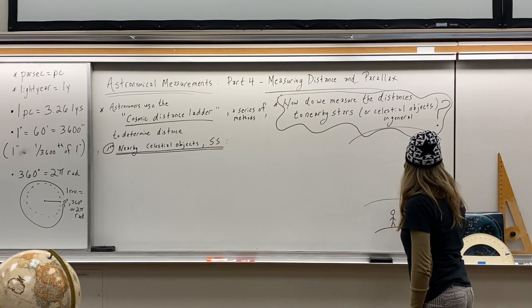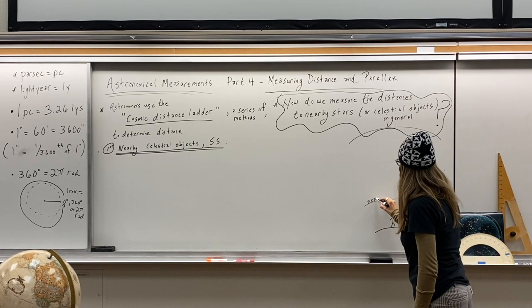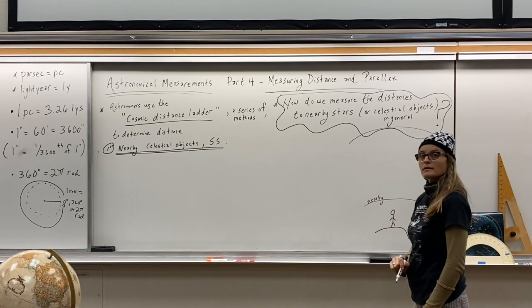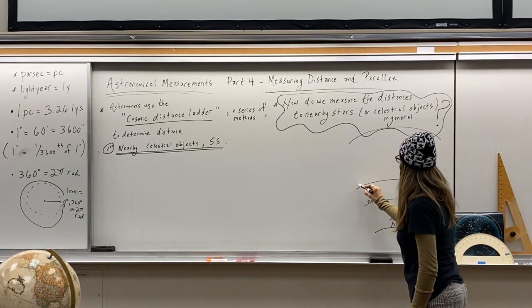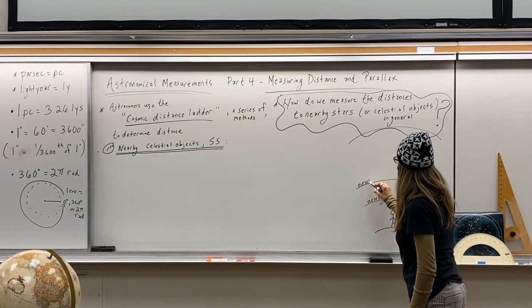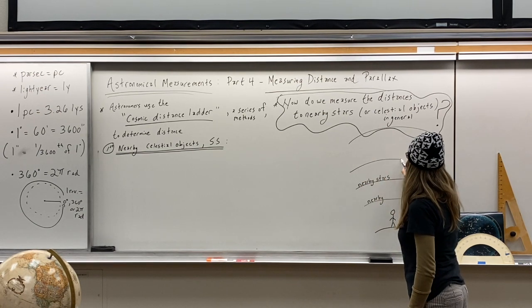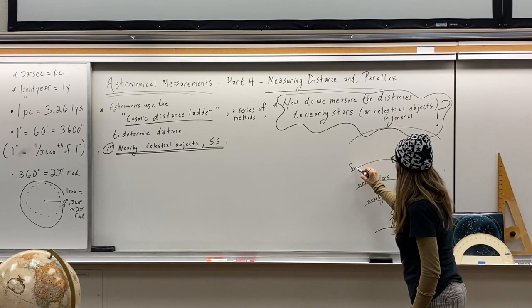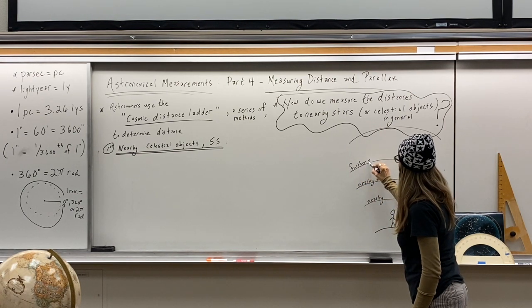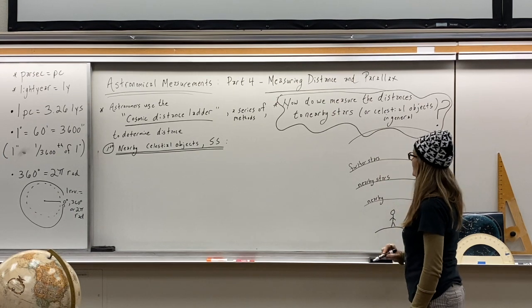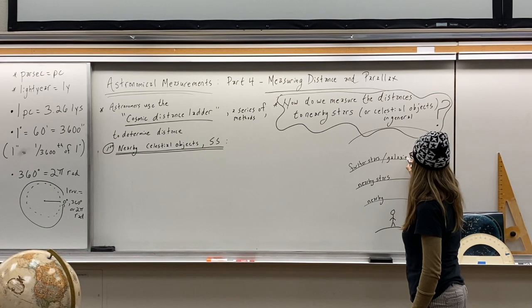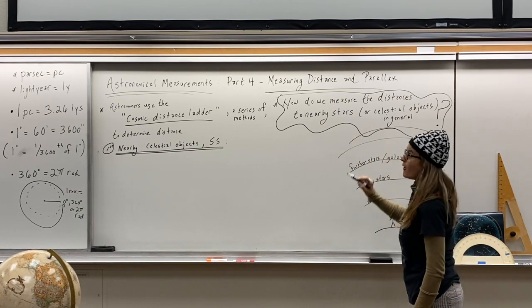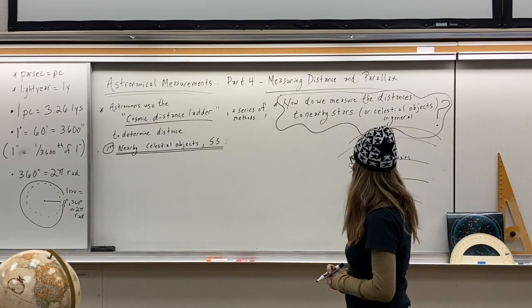So we have nearby objects, such as solar system objects, and then we have further out objects, nearby stars, and then we have further stars, and then even like the first galaxies, and then really far, far out, galaxies far, far away.